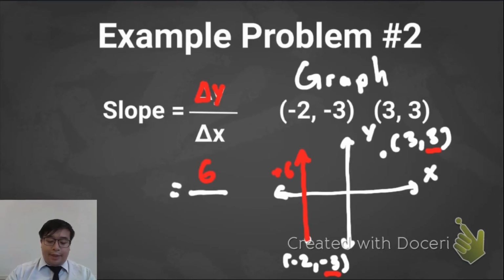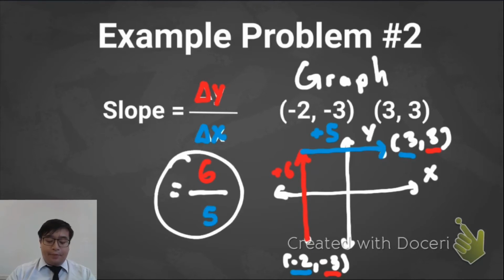Now let's find my change in x. You also might have heard the change in x as the run, or the left and right change. So moving to the right, I'm starting at negative 2 and going up to positive 3. So I know my values are increasing. And from negative 2 to 3, that's a change of 5. So the slope of these 2 points is going to be 6 over 5.